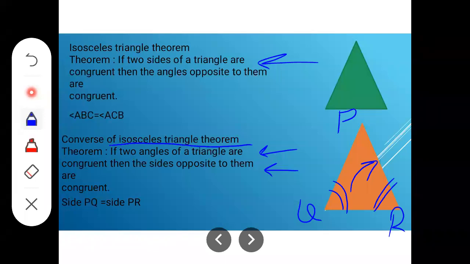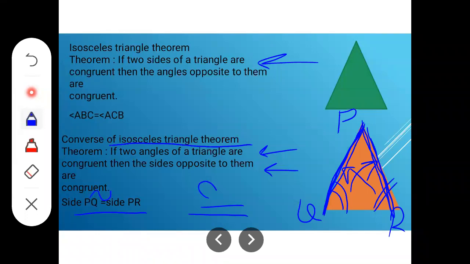The side opposite to angle Q is PR, and the side opposite to angle R is PQ. So side PQ is congruent to side PR. Here I mention an equal sign, but please understand that it is congruent. The symbol of congruence is this one. The angles here also are congruent to each other. This is the symbol of congruency.